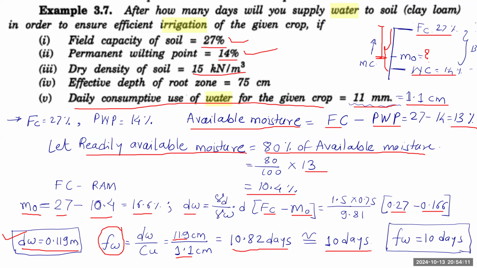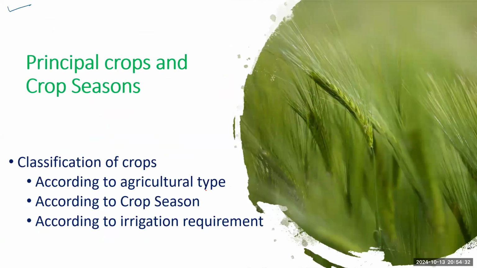And when M0 is worked out, then we can calculate dW easily. And based on the daily consumptive use, we can calculate the frequency of watering. So such a problem may be asked in the exam. Calculate frequency of watering. Okay.